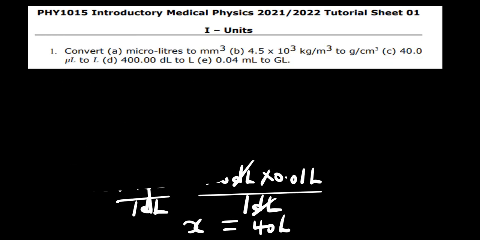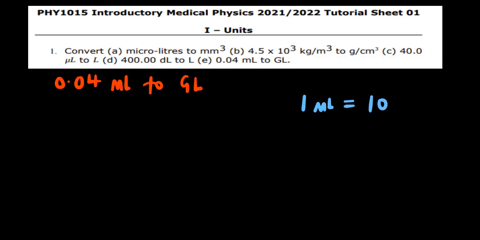So that's how we convert that one. Then let's solve E. Now E, we are told to convert 0.04 milliliters to gigaliters. Okay, now what are the conversion units? You know that 1 milliliter is equal to 10 to the power negative 6 liters.